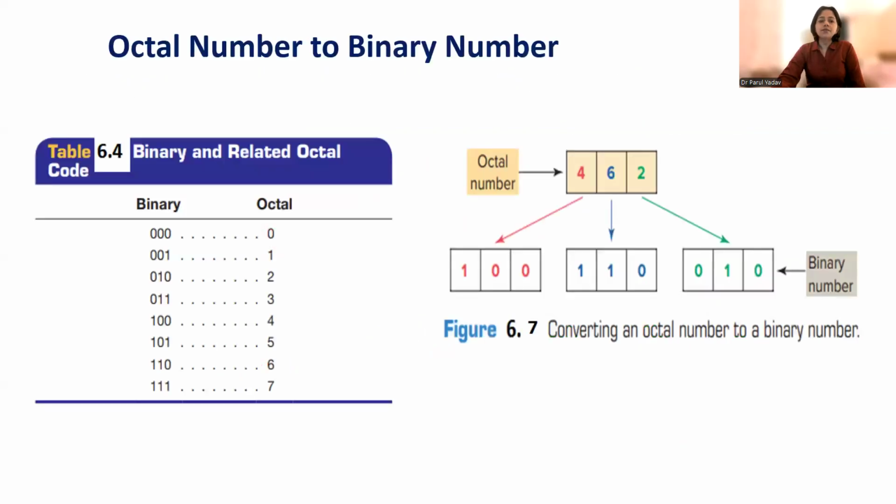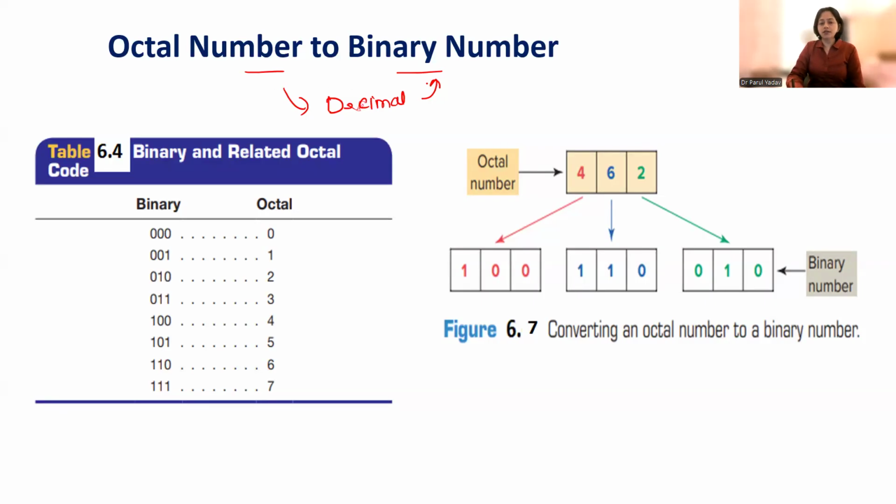Now next are some interesting and quick conversions. Suppose you need to convert an octal number into a binary number. One way is to convert the octal number into decimal, and then convert the decimal number into binary, because you have studied these approaches.